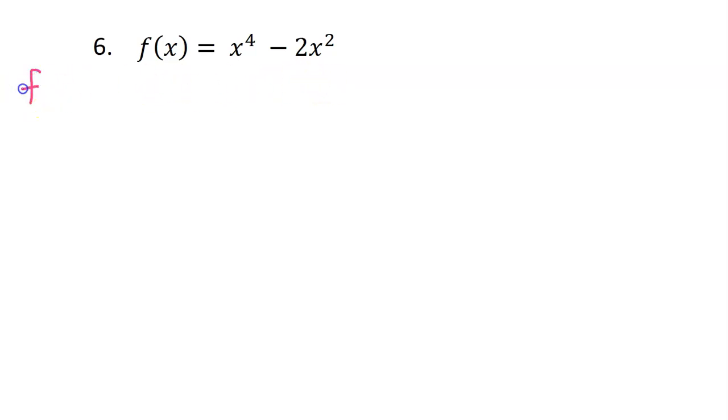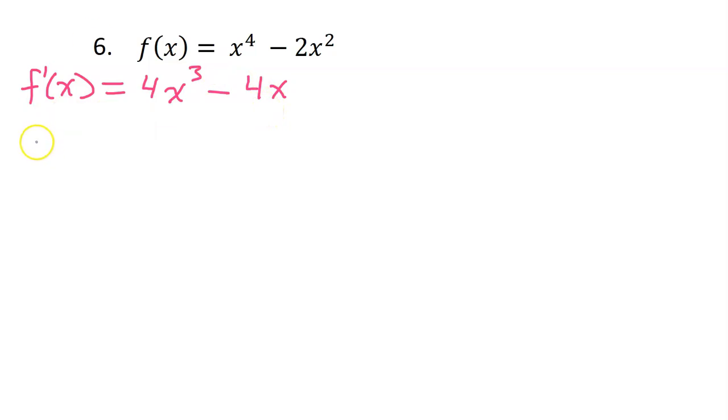Alright, so we have learned that the first step is to find the derivative, so we can see where that is positive or negative. So the power rule says 4x to the third power minus, alright, 2 times 2, so that's negative 4x. So there's the derivative.